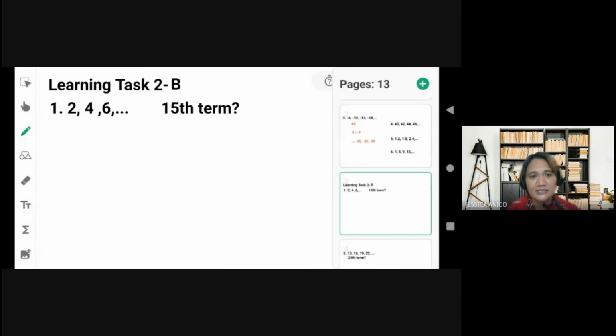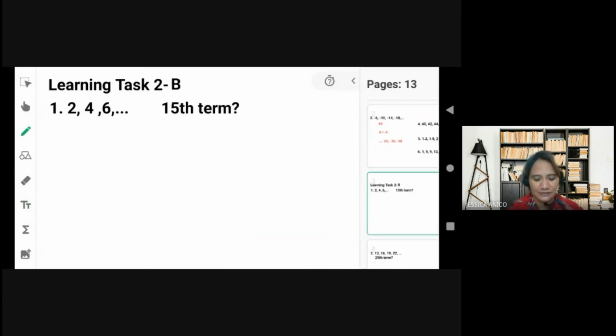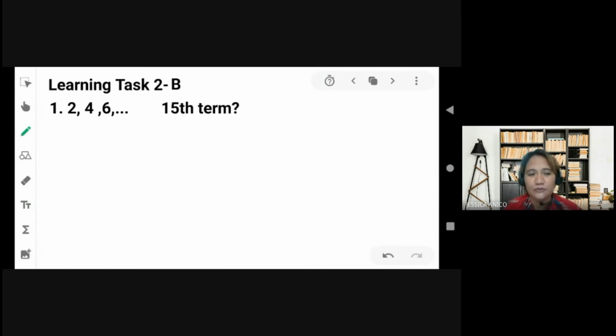For learning task 2B, ito naman, sequence, tapos papahanap sa atin yung ika-nth term. Okay, for number 1, we have 2, 4, and 6. Ang pinapahanap sa atin ay 15th term.